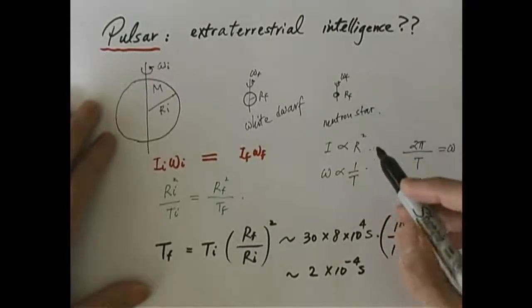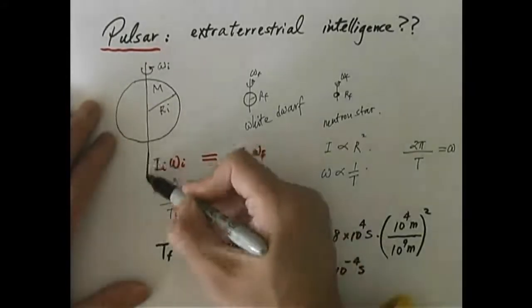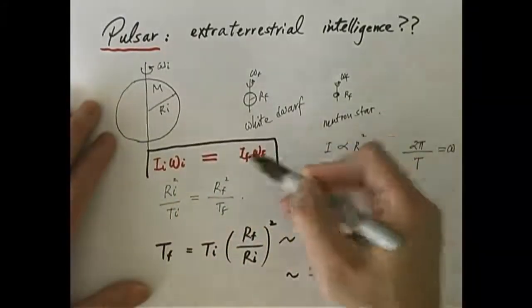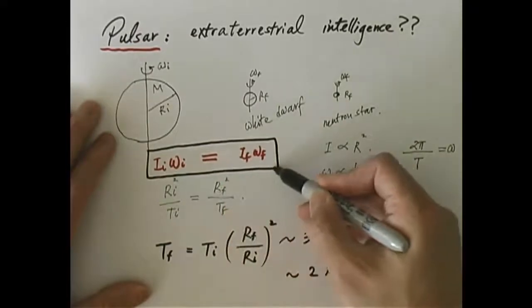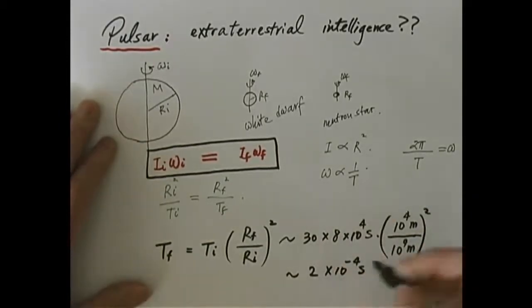We can figure out the final period or final turning speed using the conservation of angular momentum. It does not only apply here on Earth, it applies to a remote corner of the universe for a fast-turning neutron star. And as it turns, it has a strong magnetic field.